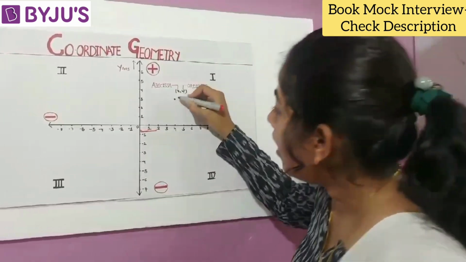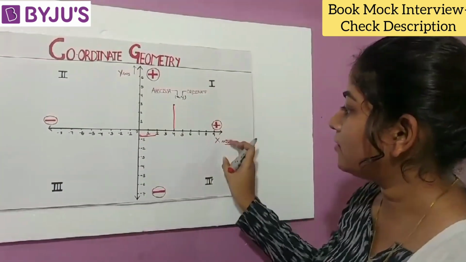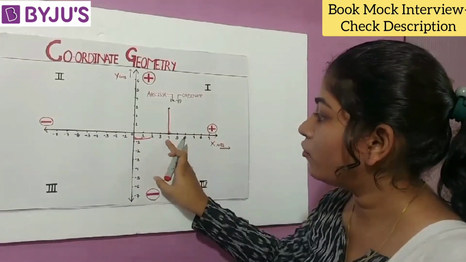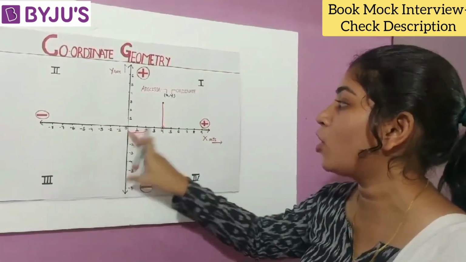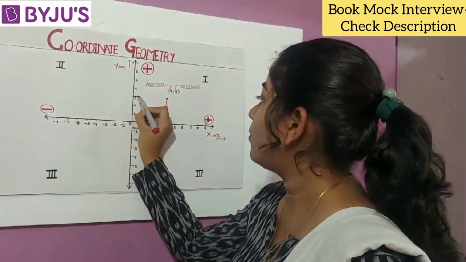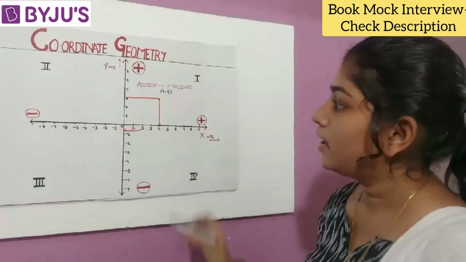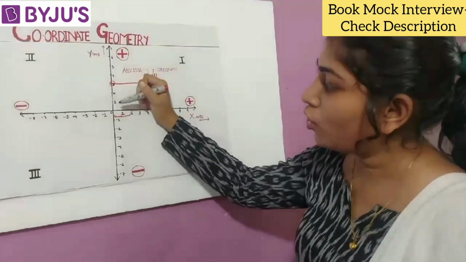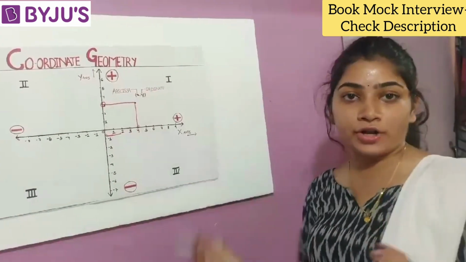Now I draw a perpendicular line here, and it lies on the x-axis at the point 4. As I said before, 4 is a unit distance from the origin. Here I draw a perpendicular line to the y-axis. It lies on 3, and 3 is also a unit distance from the origin.